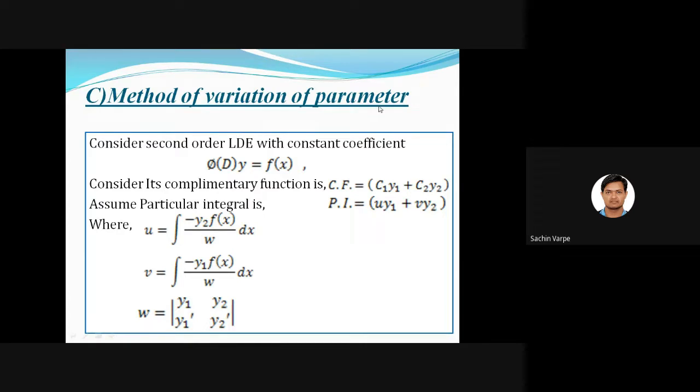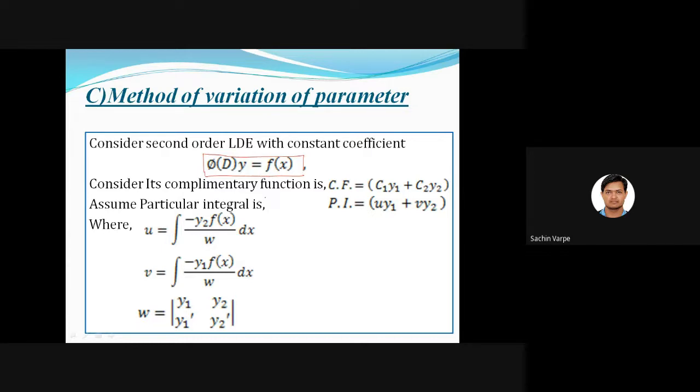Method of variation of parameter. Next case, to find the shortcut method of variation of parameter. So method says for the given differential equation phi of d into y is equal to f of x, this is in standard form.